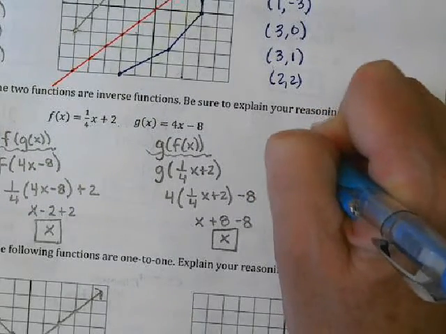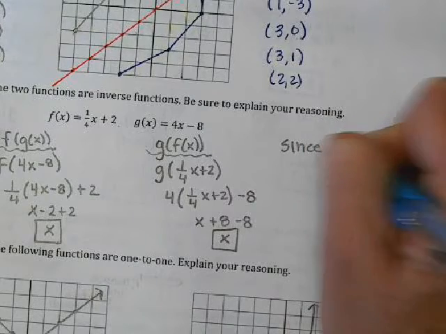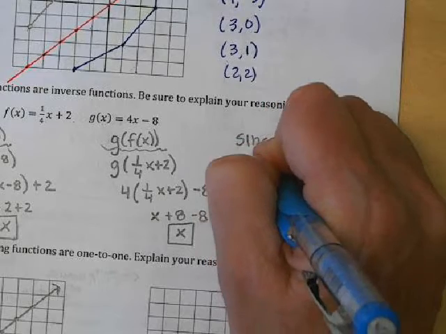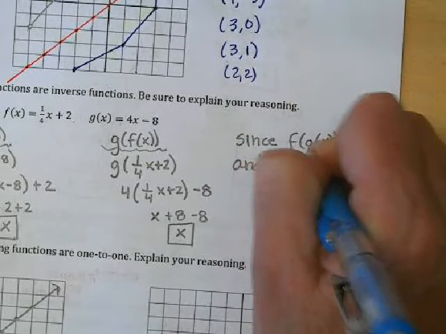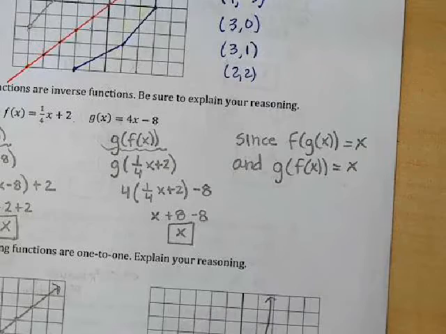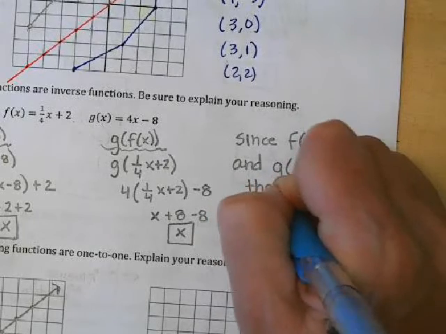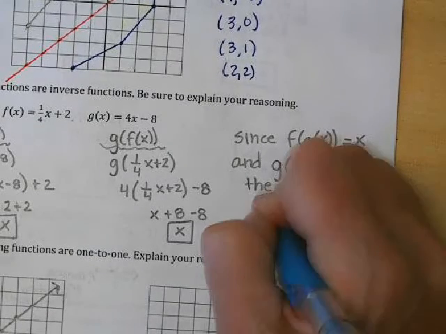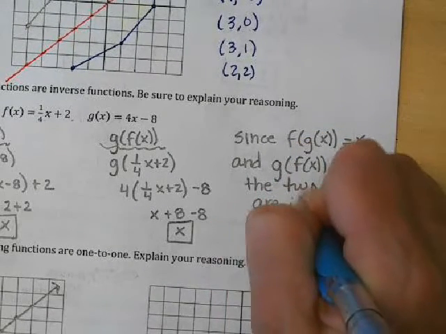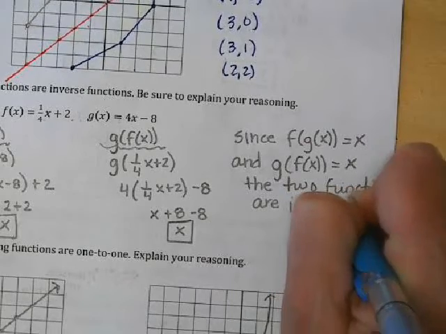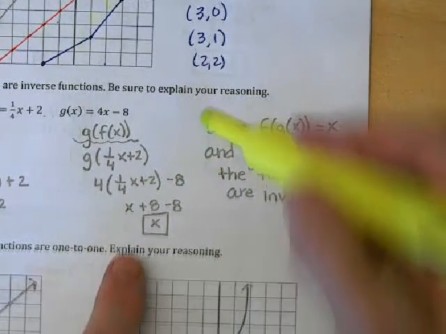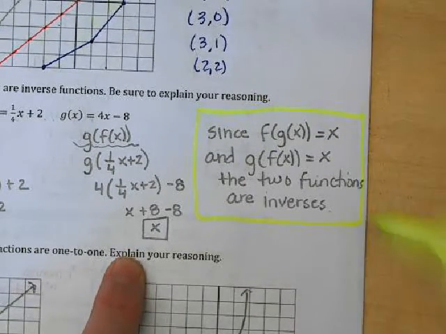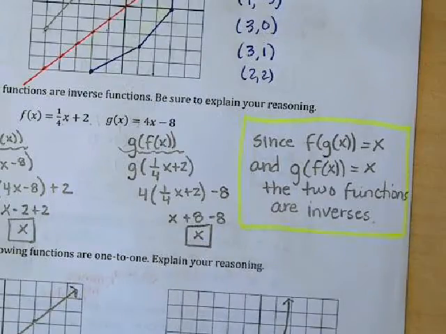So you're going to put over here, since f of g of x equals x, and g of f of x equals x, the two functions are inverses. So don't forget. Because you guys get to use your notes when you take a quiz, highlight that, make sure you don't forget to do that part right there.